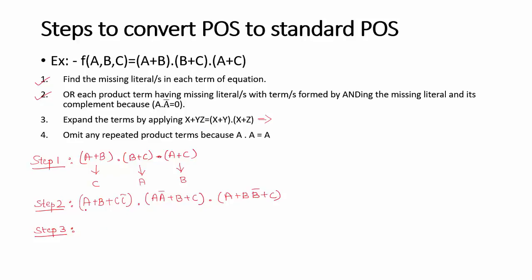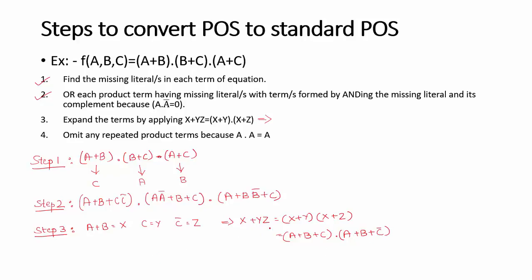If I apply this identity on the first term by assuming that a plus b is x, c is y, and c bar is z, then the first term gets reduced to x or yz, which can be written as x or y ANDed with x or z. So x in this case was a plus b, y was c. Similarly, x was a plus b and z was c bar.